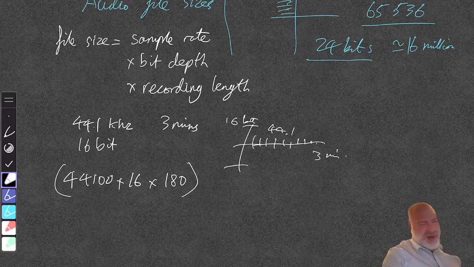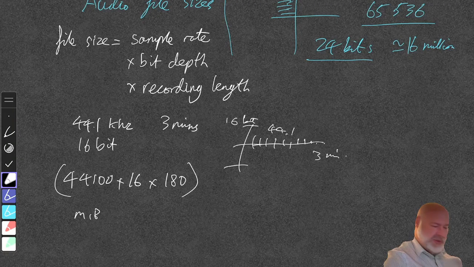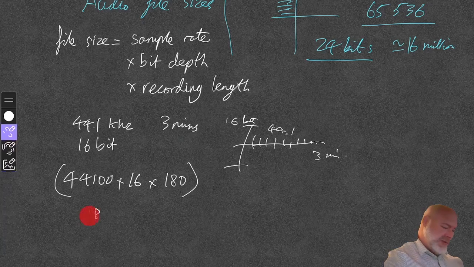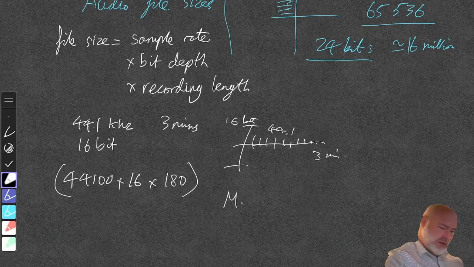But typically questions will be a little bit more annoying than that. They might say, what's the file size in megabytes, for example? And then we've got to figure out how to convert it into megabytes. So how do we do that? What is our sample in megabytes?